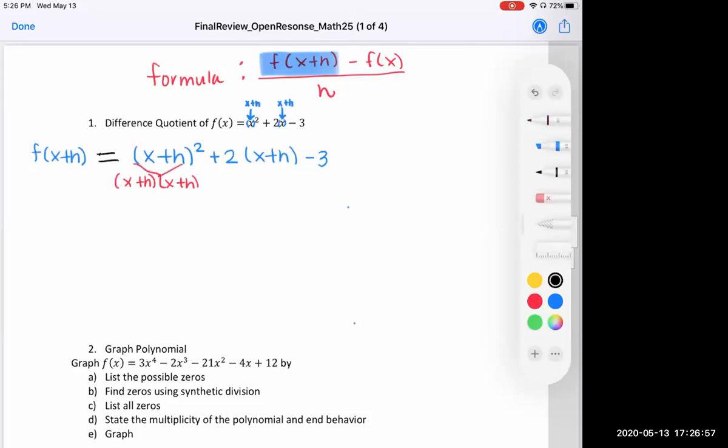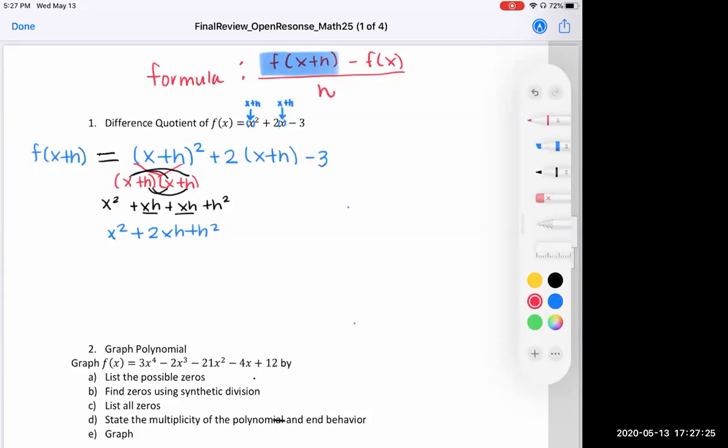So then we have to multiply. x times x gives us x squared, x times h gives us xh, h times x gives us xh, and h times h gives us h squared. We combine like terms, our xh and our xh, and we get x squared plus 2xh plus h squared.